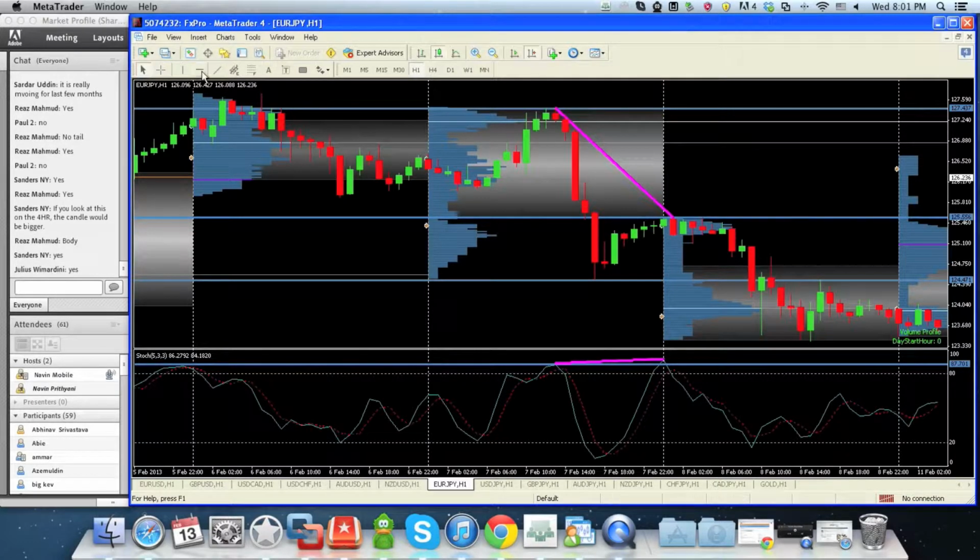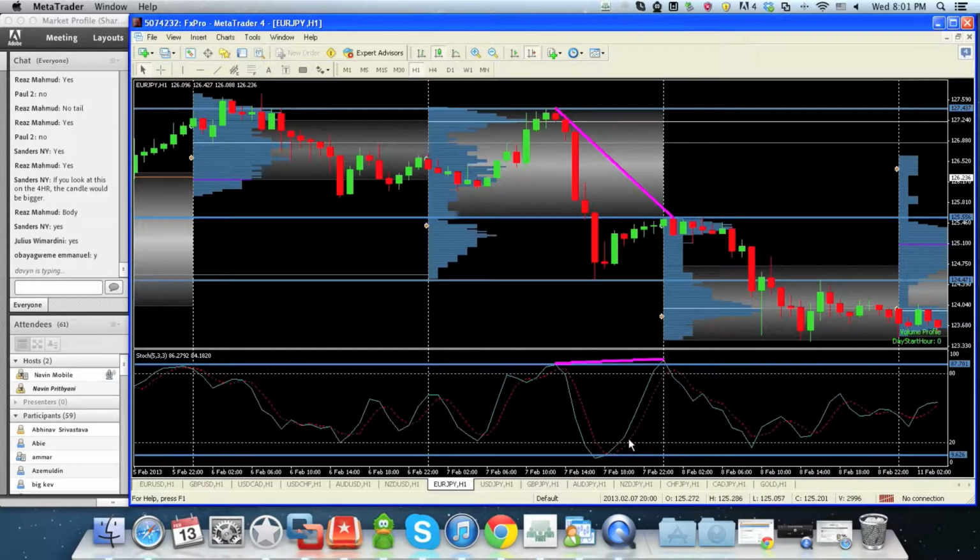Yes. Do we have that same scenario on our indicator? Did we breach below? Take a look over here. No, we didn't breach below our indicator area. The price did, the indicator did not. Again, we have this opposite nonsense happening.